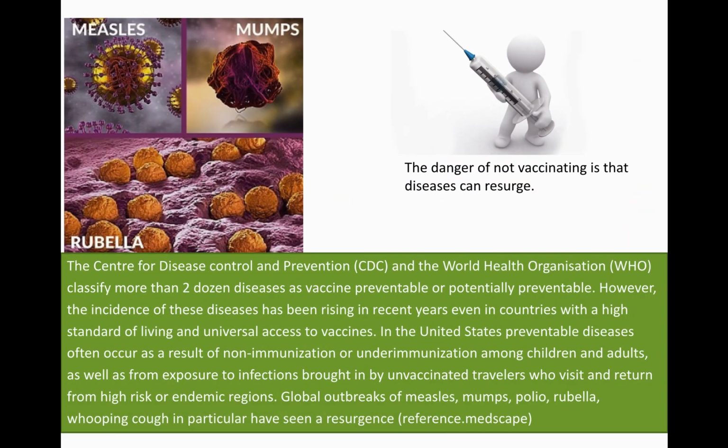Just to raise awareness before I do any more on lymphocytes, it's important to recognize that there's a global problem with viruses in general and many other infectious diseases. The danger of not vaccinating everyone might mean that there will be a resurgence of these viruses in the future. Even before coronaviruses, we were starting to see measles and mumps outbreaks, and often what causes this is where people have not received the vaccination for measles, mumps, and rubella, and they cause it to spread in their community.